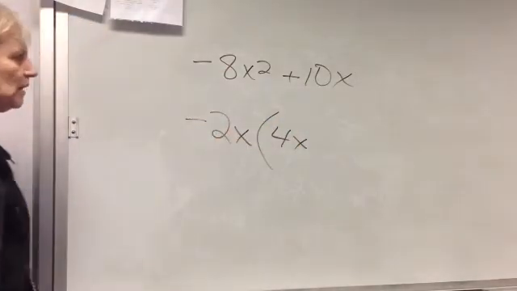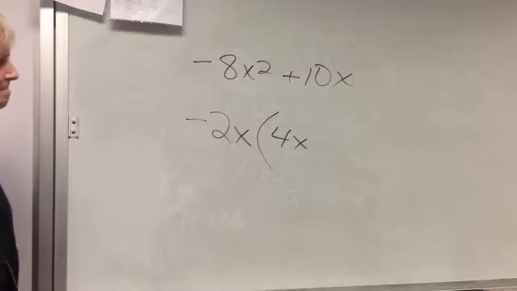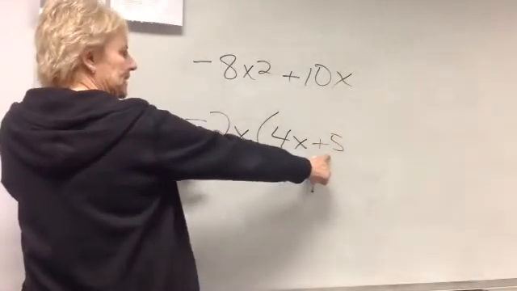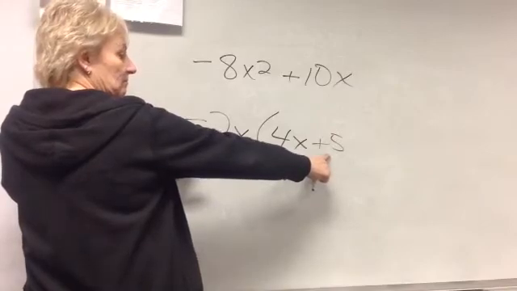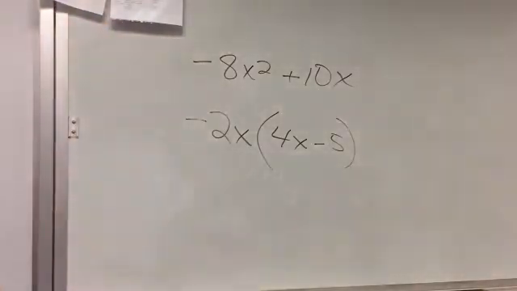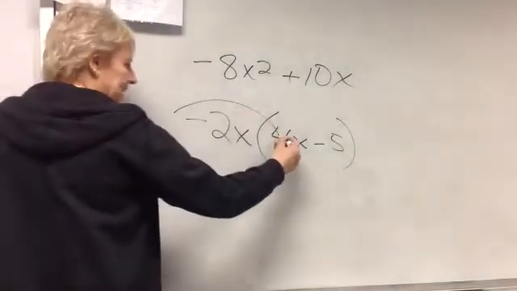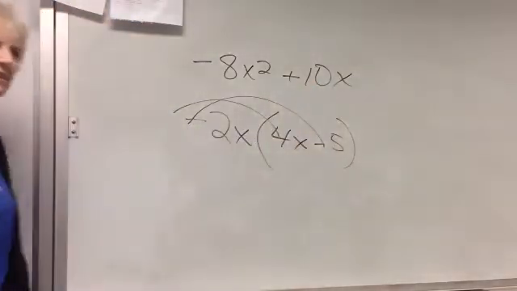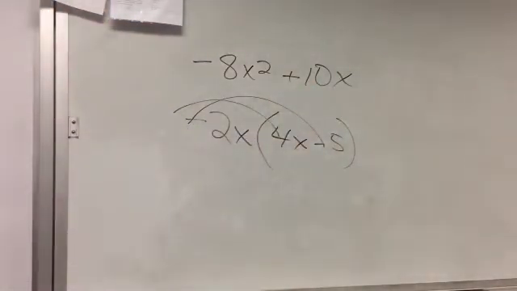Okay, what's the next one going to be? Positive 5? Yeah. That gives me negative 10. Negative 5. Yes. Check your signs. Okay, now let's check it. Negative 8x squared, positive 10x. We're good. Just the distributive property backwards.